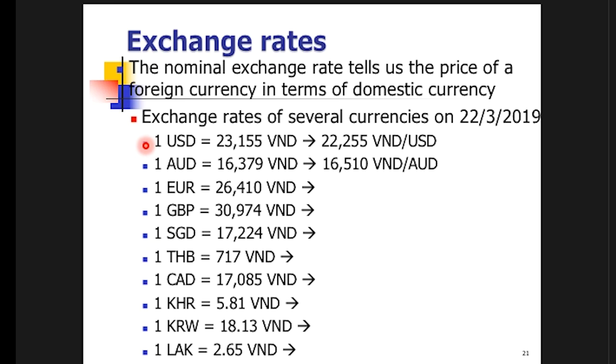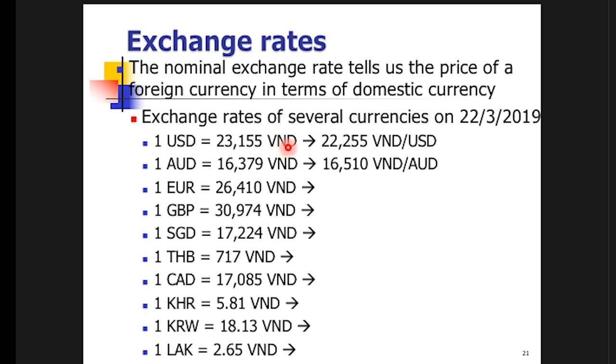But for the real exchange rate, we do not have a similar rate. It means that we can never exchange 1 US good for 23,000 Vietnam goods. Okay?